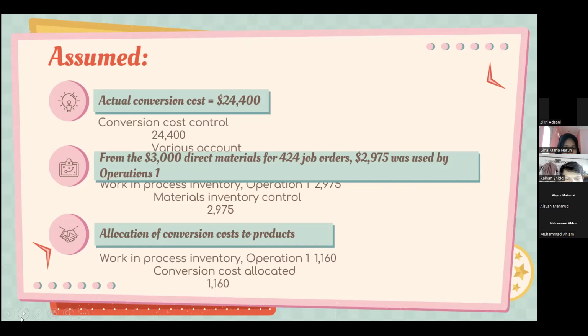And the next assumption is allocation of conversion cost to products. So we can see the journal is work in process inventory for operation 1 for the debit balance, we have $1,160, and the conversion cost allocated for the credit is $1,160. Next.